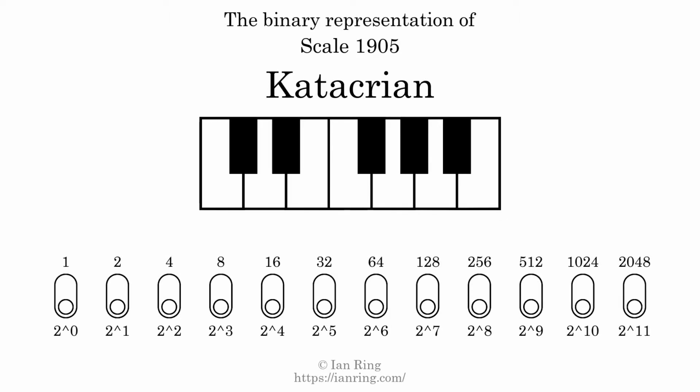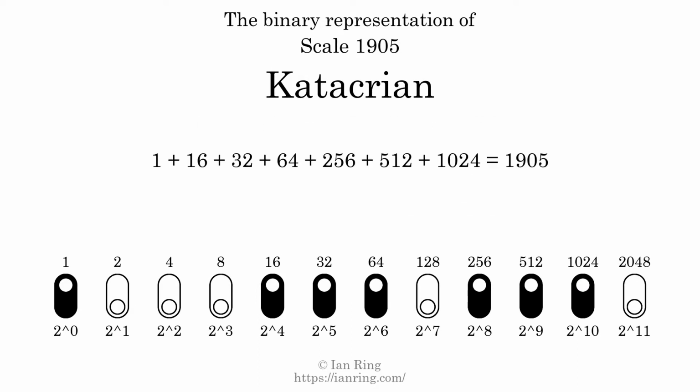The binary representation of this scale is determined by mapping tones of the scale to binary digits. Each binary digit represents a power of 2. To get the scale number, we add the powers of 2 together. The powers of 2 that are present in the scale, all added together, equals 1905.